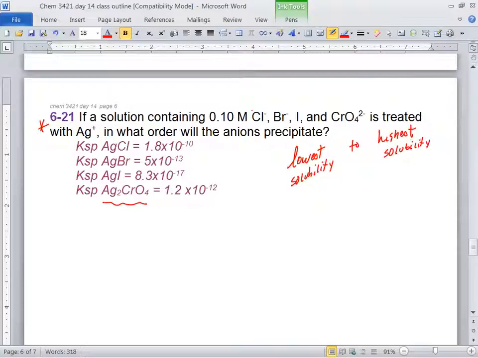So I say, because they're all 0.1 molar, I would just calculate the solubility of each one of these and not even worry about that part. Just get your x's, and this is going to be your lowest x to your highest x.